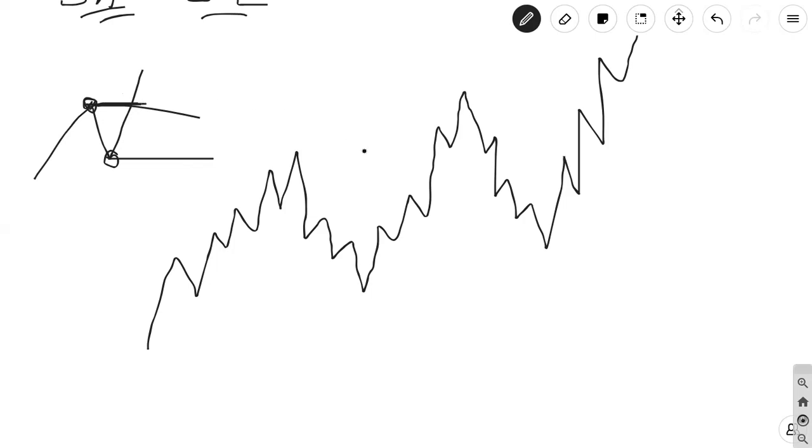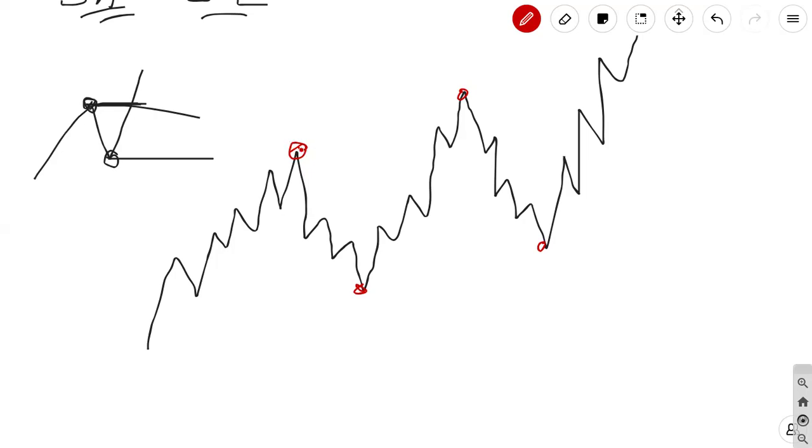Now, the swing point consists of multiple structures, creating a highest point and a lowest point. For example, here we have this swing high, and this swing low, and this swing high, and this swing low. So these are the swing points. Why?